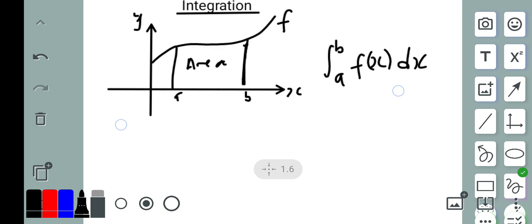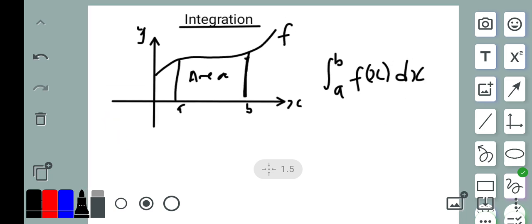So basically, when you want to find the area from here to here, which is where your concept of integration comes in, we divide it into different rectangular compartments, and then we find the sum of each rectangle.